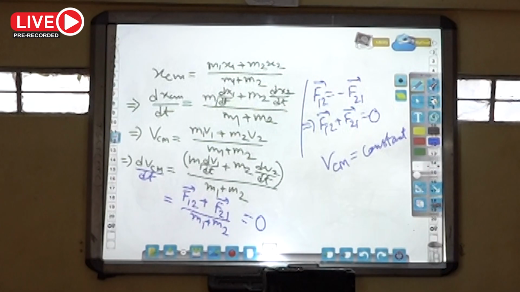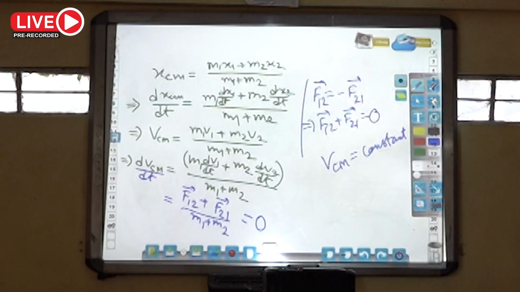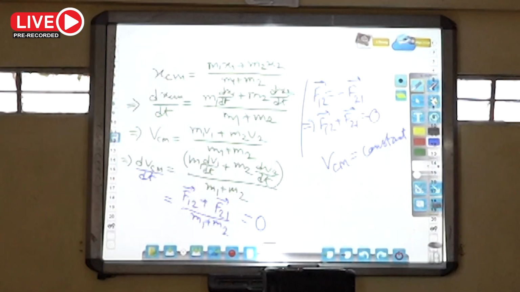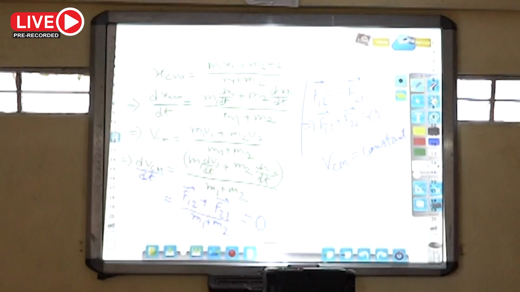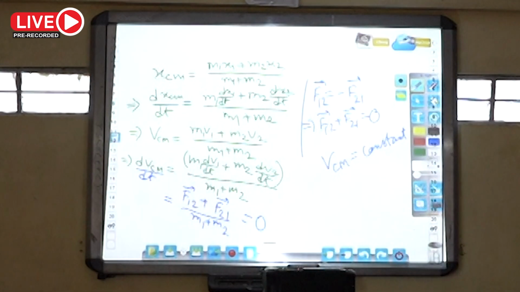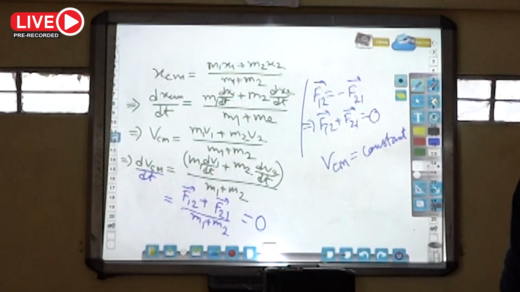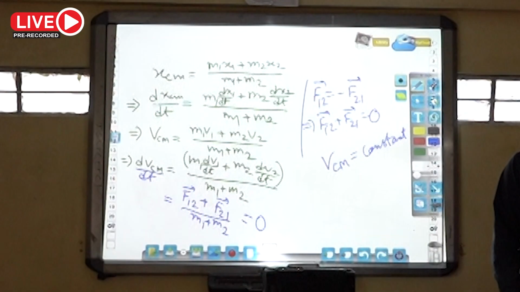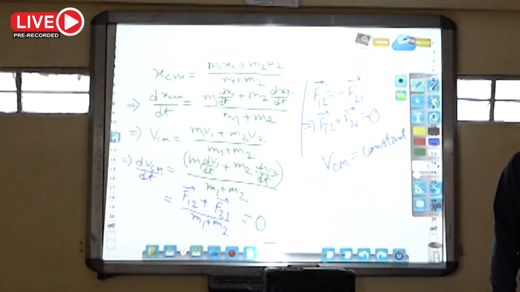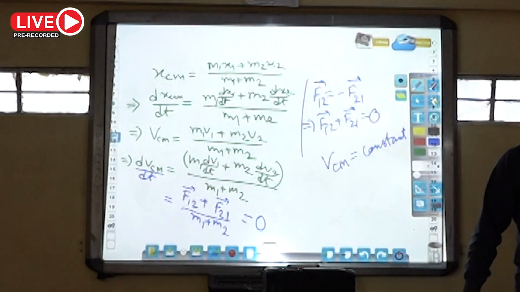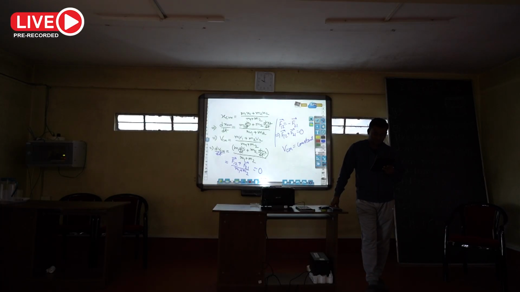Question number 9. Two persons of masses 55 kg and 65 kg respectively are at the opposite ends of a boat.